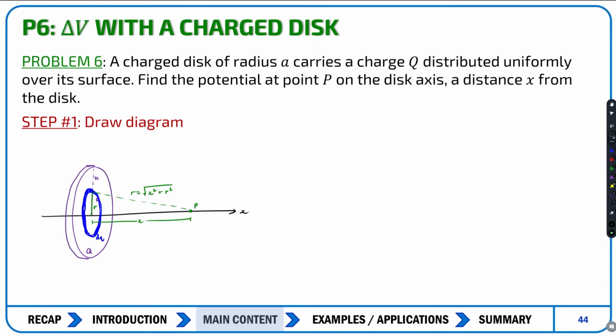Okay, so the next step we want to do is to analyze symmetry and find an equation for potential. So one of the important things here is we note that this is a continuous charge distribution. And because of that, we have to use V equals the integral of k dq over r.